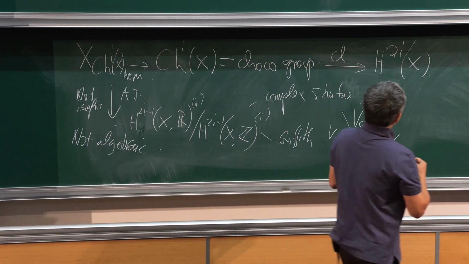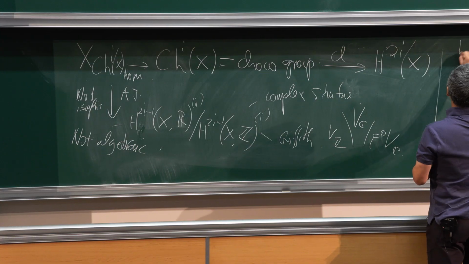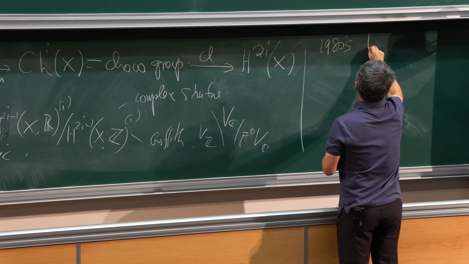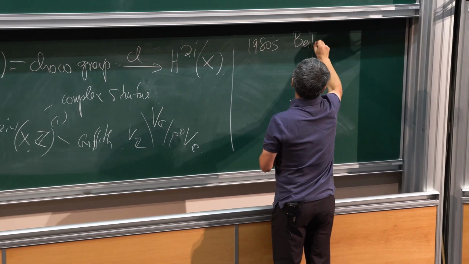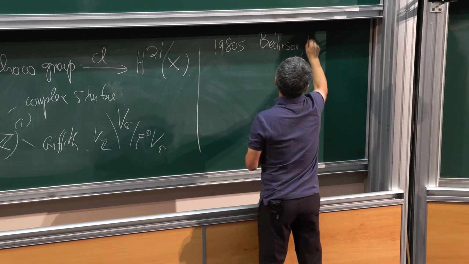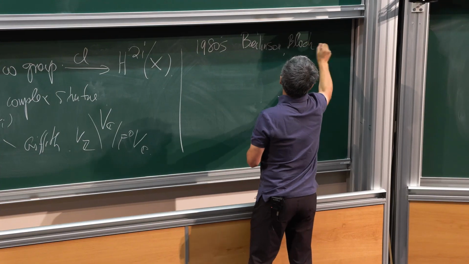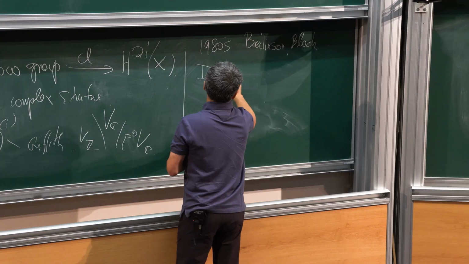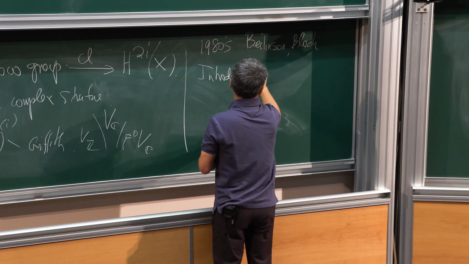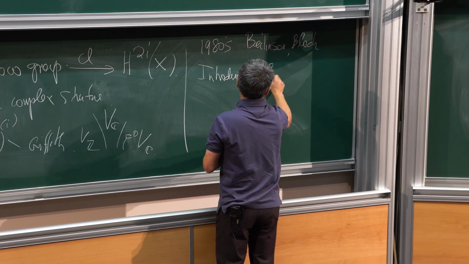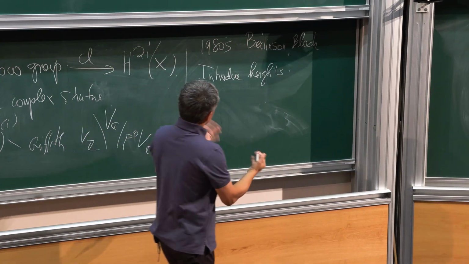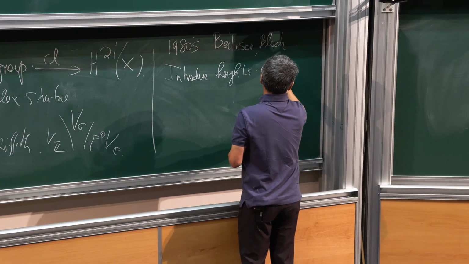Nevertheless, in the 1980s, Beilinson and Bloch introduced the heights for these cycles, but it was introduced conditionally.